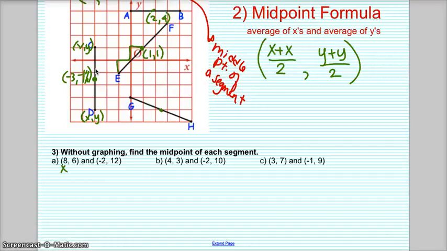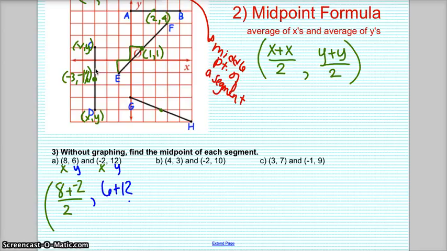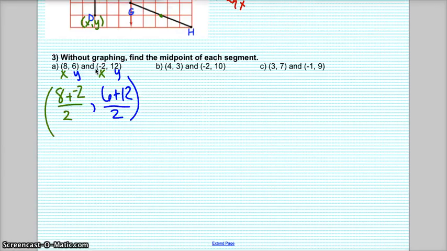We need to find the average of the x's, 8 plus the negative 2, and divide by 2, and find the average of the y values, 6 plus 12, and divide by 2. Grab your calculators if you need it.